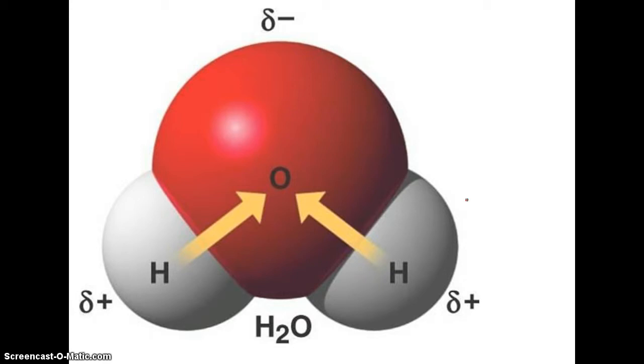Water exists because of a certain type of covalent bond called a polar covalent bond, and that makes water a polar molecule. A polar covalent bond is when atoms are sharing their electrons, but they're sharing them unequally. The reason is that typically one atom is larger than another atom, so its nucleus, which is positively charged, has a much greater pull on the negatively charged electrons.